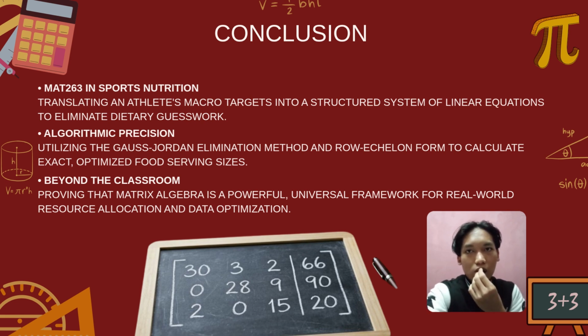We prove that nutrition planning can be approached as a structured, flawless mathematical puzzle. Through the Gauss elimination method, we construct an augmented matrix using the nutritional profile of chicken breast, white rice, and avocado. By applying elementary row operations to reduce this matrix into row echelon form, we calculate the exact optimized serving size needed to hit our target perfectly.